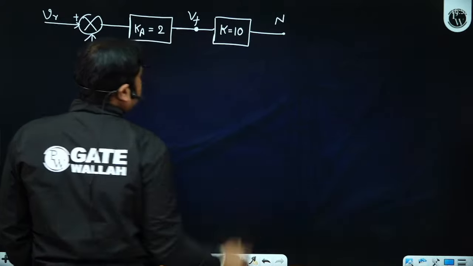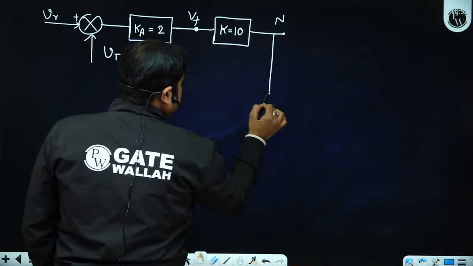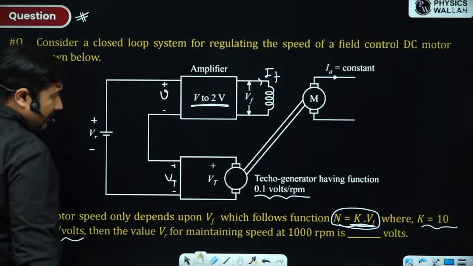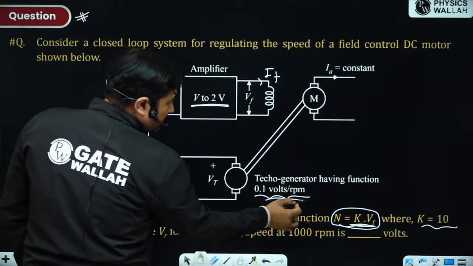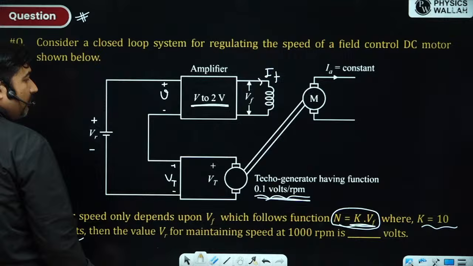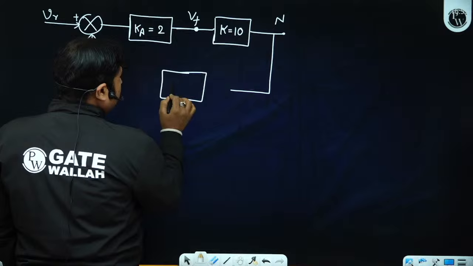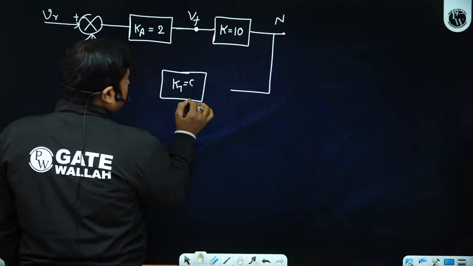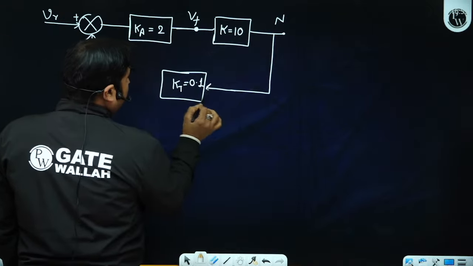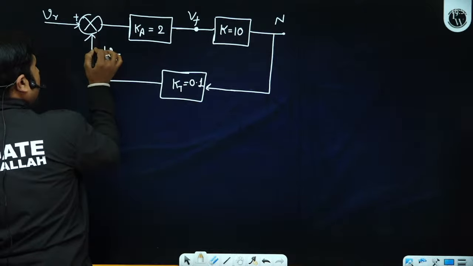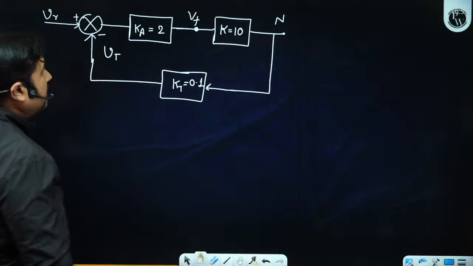That is your speed. Now this speed is being sensed by the tacho generator, and the tacho generator constant is also given to you as 0.1 volt per rpm. So we have a simple arrangement of this system.